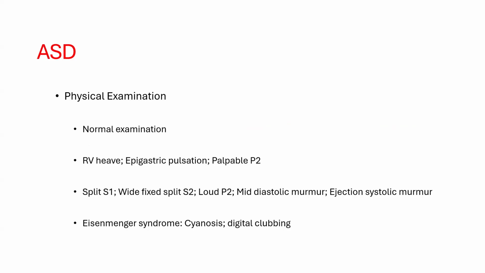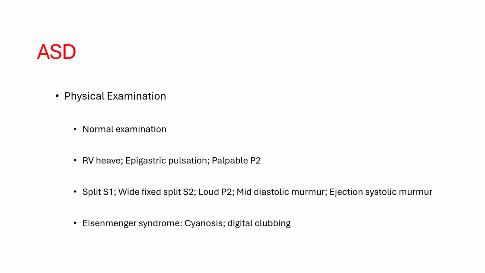In terms of physical examination, you often have a normal examination, which is why they get missed. More often than not, that's because some of the characteristic early changes in ASD, like the wide fixed split of the S2, are not features you hear in the pediatric age group because the heart rate of children is relatively faster.